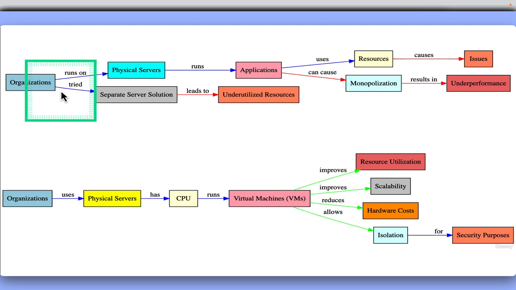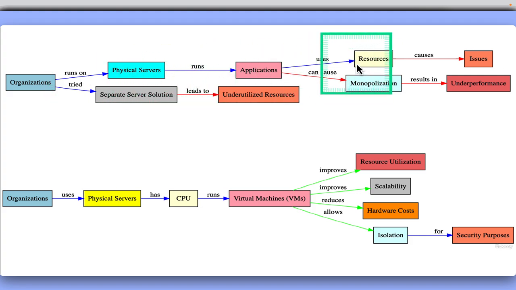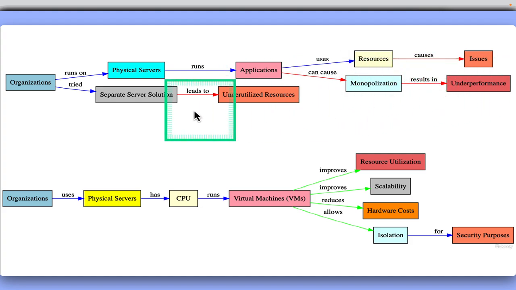So initially, long back, organizations used to run applications on physical servers, and those applications used resources and caused issues, something like monopolizing. One application would consume all the resources on the physical machine, and some applications may underperform.